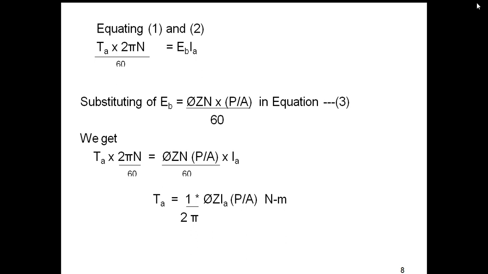If we solve this 1 by 2 pi, we get the torque equation, which is developed in the armature as TA is equal to 0.159 phi Z IA into P by A.